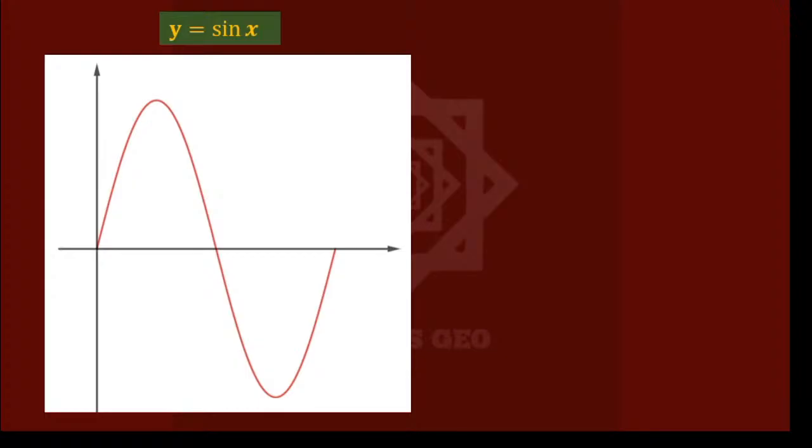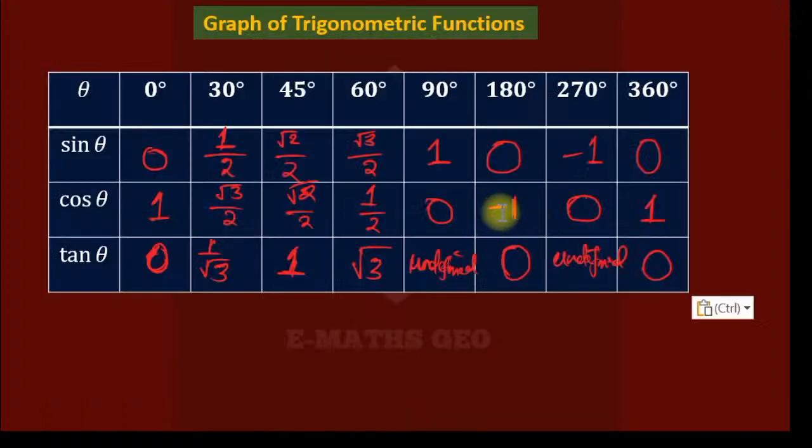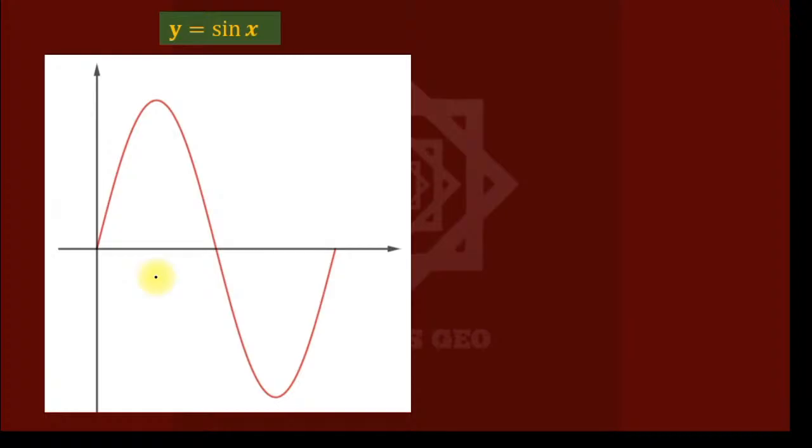From the table, the graph is always between minus 1 and 1: the minimum is minus 1 and the maximum is 1. Just know that the graph of sine is between 1 and minus 1. Very important.